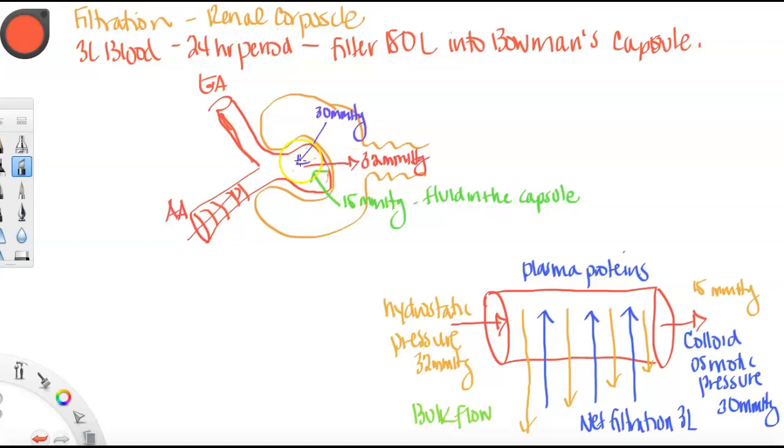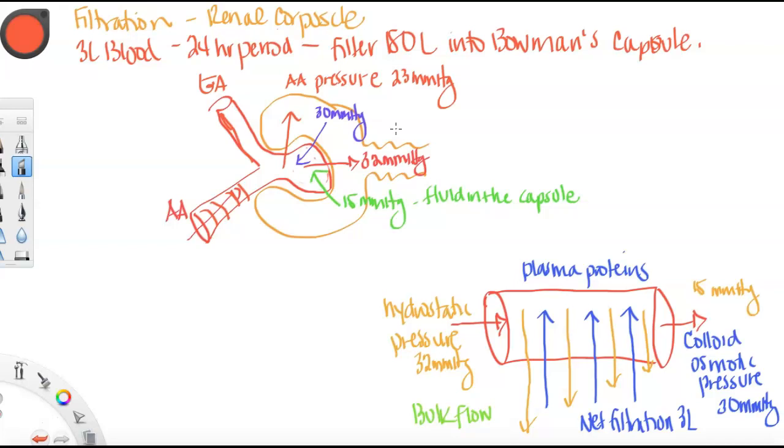That pressure, due to its size, is about 23 millimeters of mercury. That allows more stuff to enter the capsule than to go back into the capillaries.